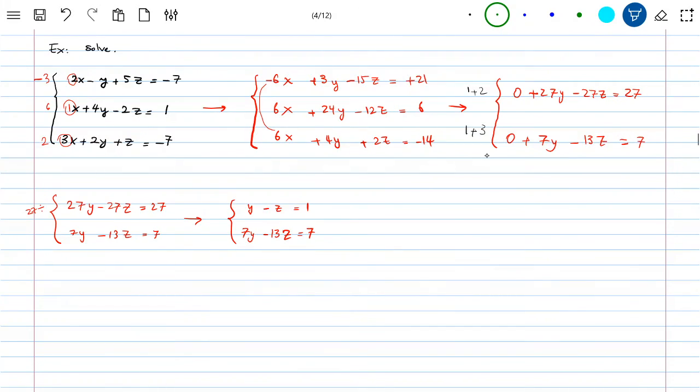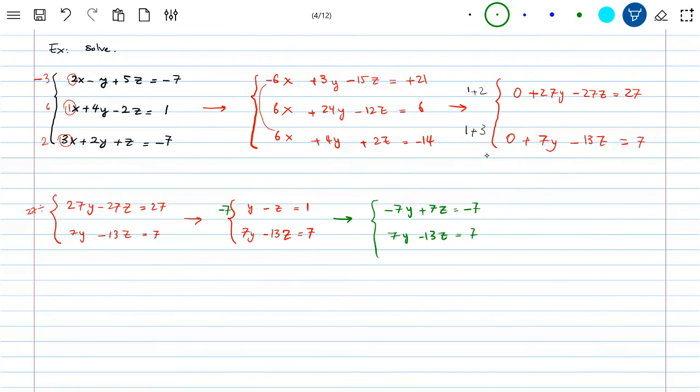Okay, so let's continue to solve this equation. Now I'll multiply the first equation by negative 7, just to make the coefficients equal. You'll have negative 7y plus 7z equals negative 7. Second equation becomes 7y minus 13z equals 7.